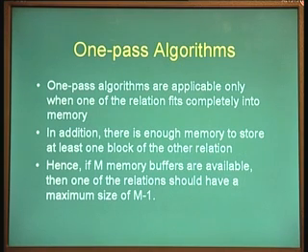Hence, if m memory buffers are present for the DBMS, then the maximum size of the smaller relation can be at most m minus 1. It can't be m, because we need at least one more block for data from the other relation.